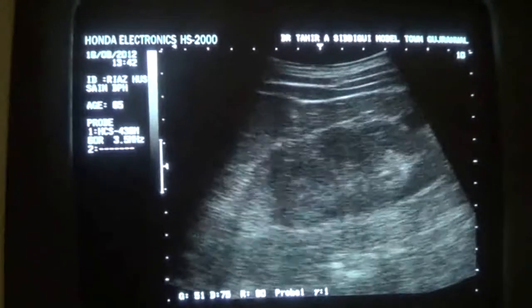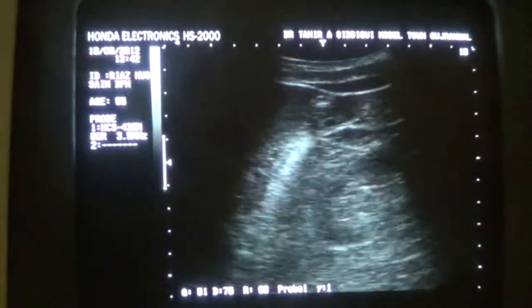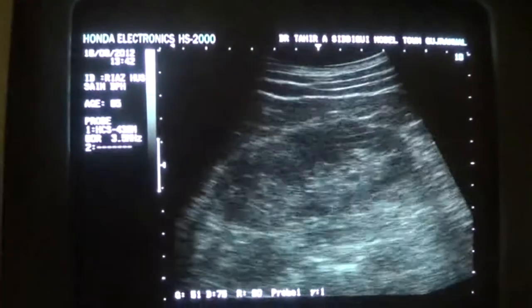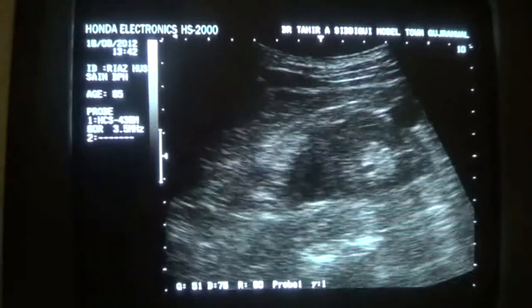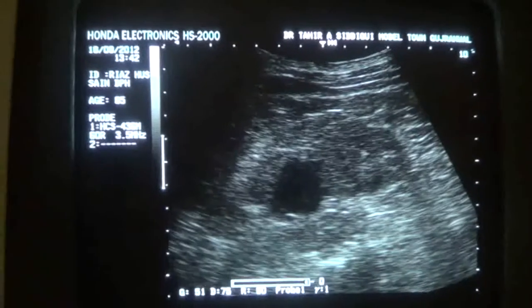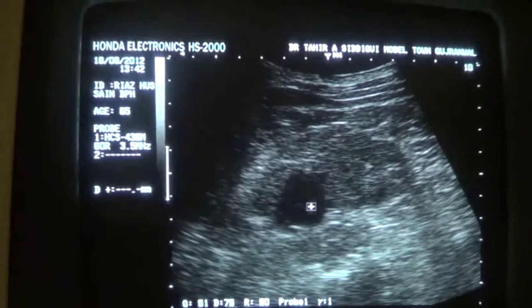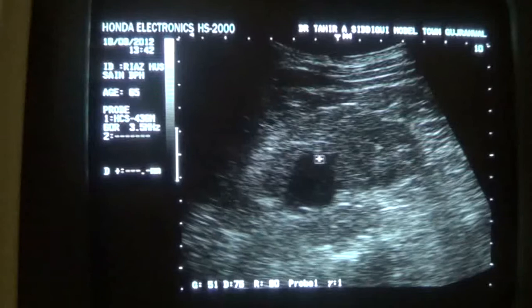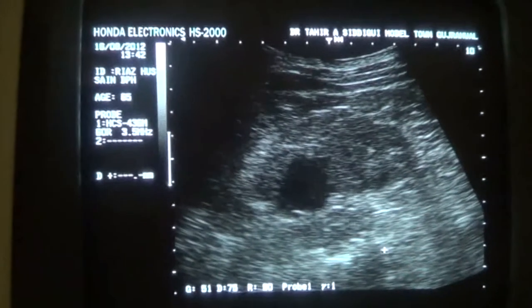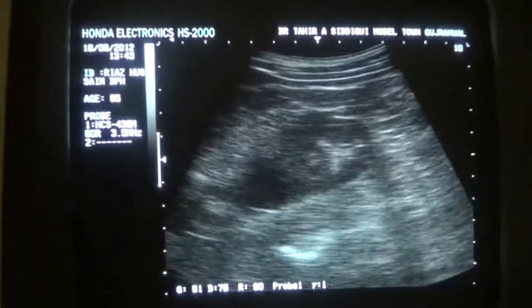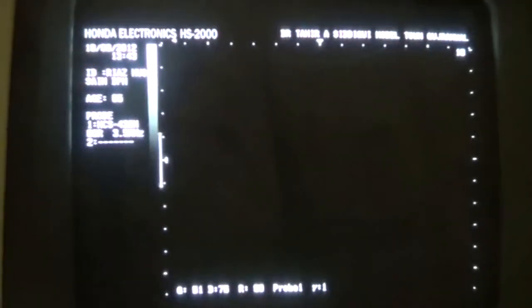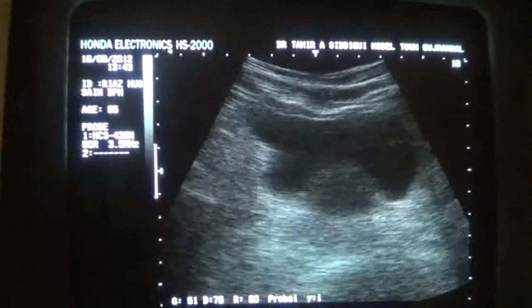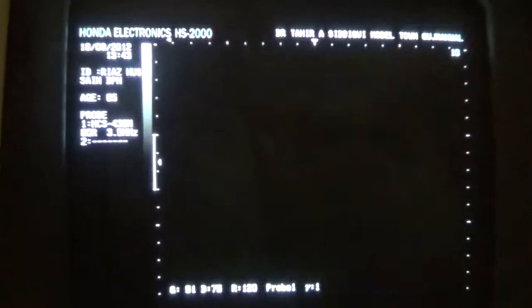So these are cortical cysts that are seen very often and are of no significance as a simple cyst, as they are internally clear. This cyst is internally clear, no echoes, no septa, no calcification, nothing. So these are two cysts seen in this particular patient. So these are intact.